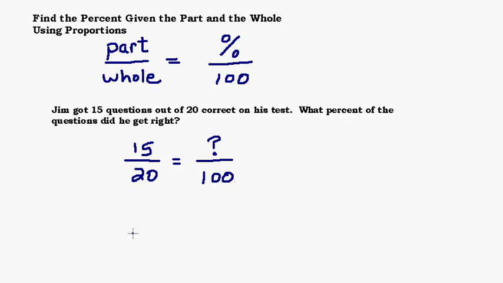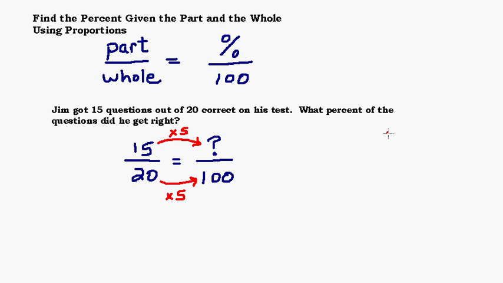Well, there's a couple different ways to do this. In this particular case, since 20 goes into 100, we could figure out a number that we could multiply by 20 to get 100. 20 times what would be 100? That would be 5. So I can do the same thing in the numerator and take 15 times 5 to determine what value my question mark needs to be up there.